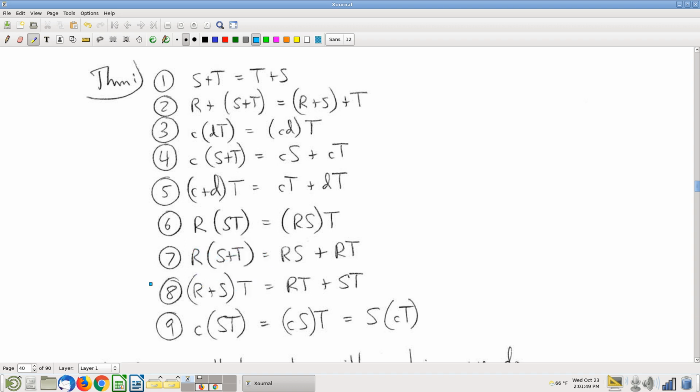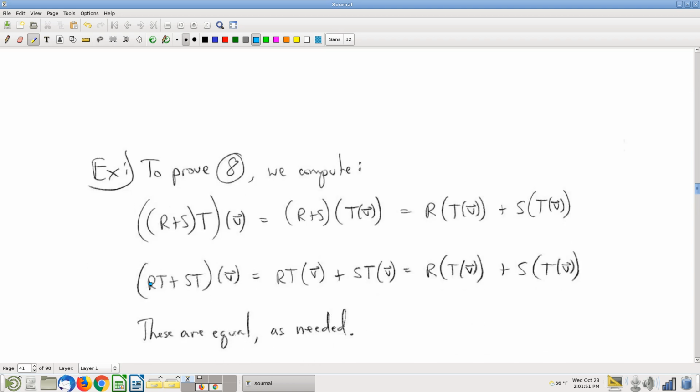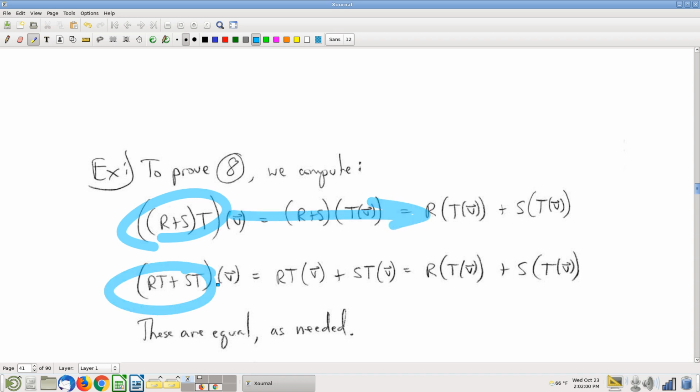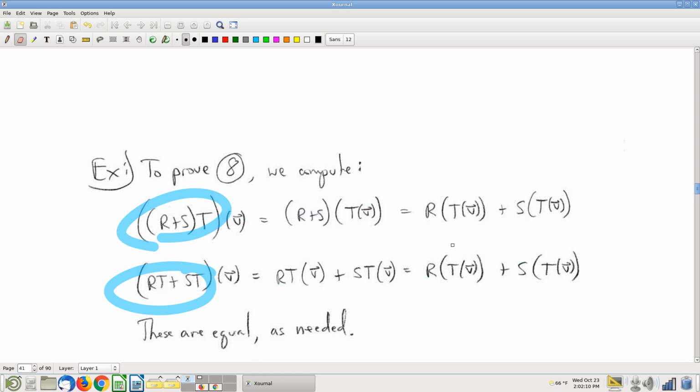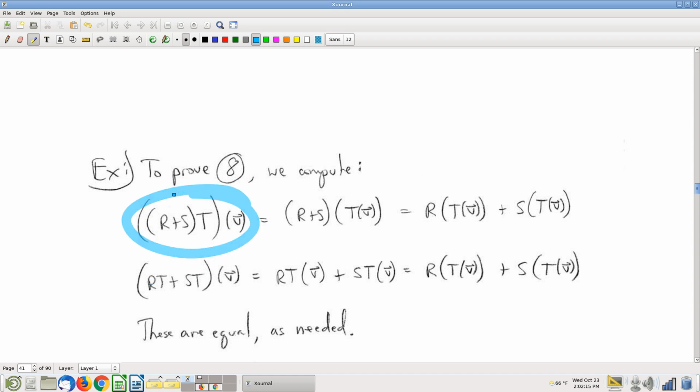So right distributivity. The way you prove it is you take the left side of the equation, you compute it. You take the right side of the equation, you compute it, and you just observe that you get the same thing both ways. It's a very straightforward calculation. Let me walk you through a couple of those steps. How would I compute this thing?